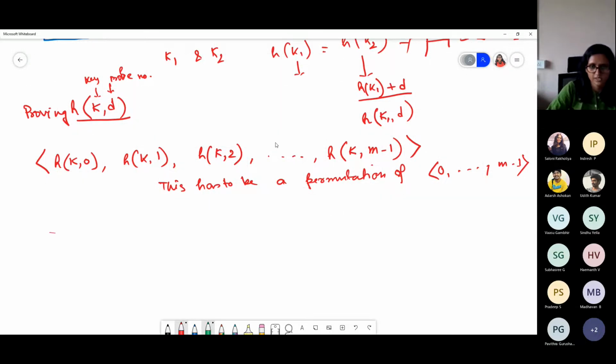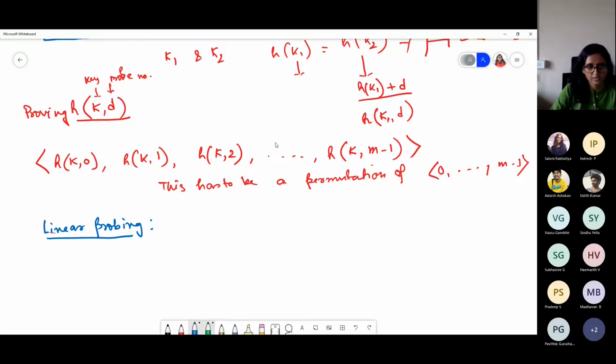Obviously, to make it a permutation of 0 to m minus 1, all the numbers have to be equally likely. So if you try arbitrarily, this may not happen. For that reason, there are normally 3 or 4 kinds of hashing functions that are used for this probing. One is linear probing. Linear probing is the easiest one, like I used here.